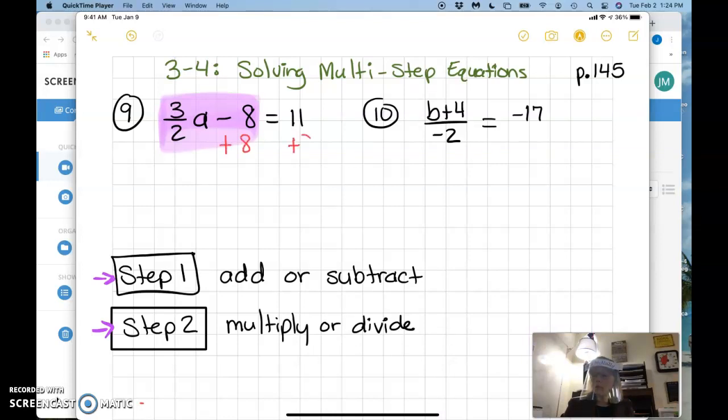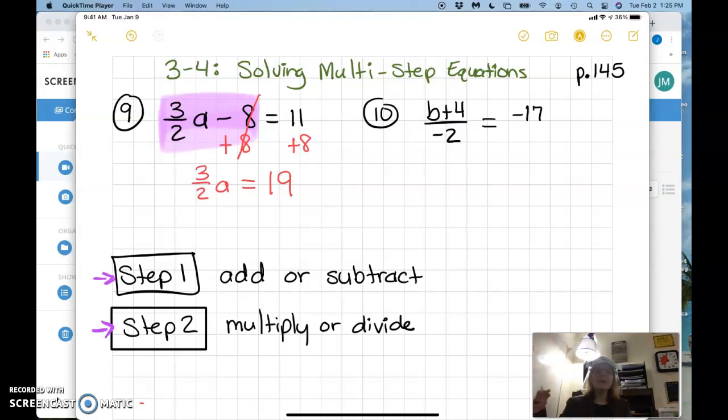Whatever I do to one side, I have to do to the other. Bring this down. 3/2 a equals, what's 11 plus 8? 19. You were close. It's 19. 11 plus 8. I don't know why I was thinking 1.